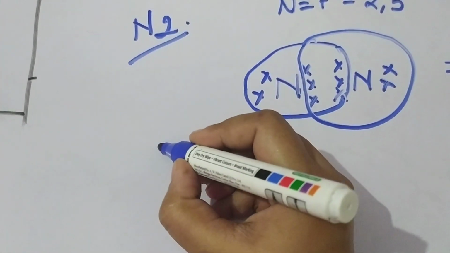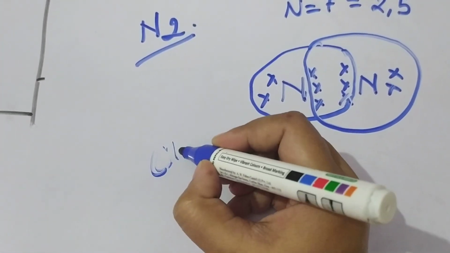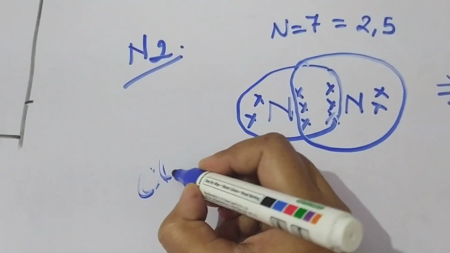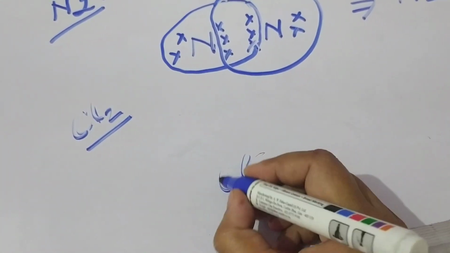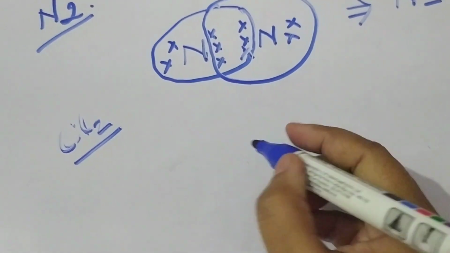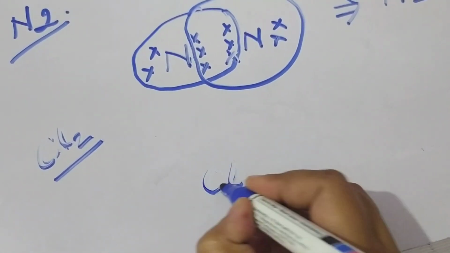Next we can draw chlorine. Chlorine has atomic number 17.